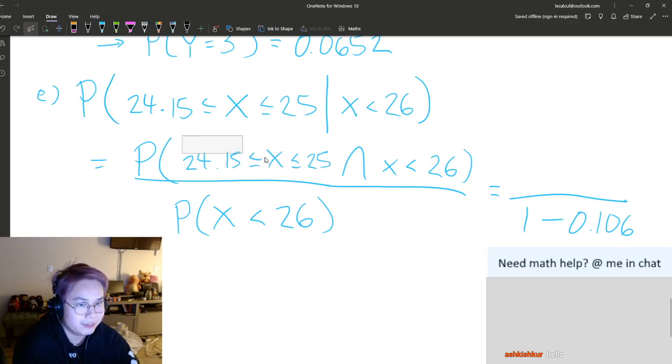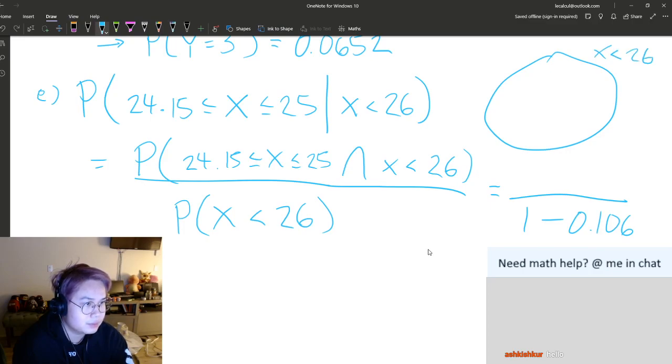Or rather, if you are in this range of measurements, you are already within this range of measurements. As a full picture, these are the seashells that are less than 26, and inside of this group, there are the seashells that are in between, specifically 24.15 and 25. So their intersection is just the probability of this itself.